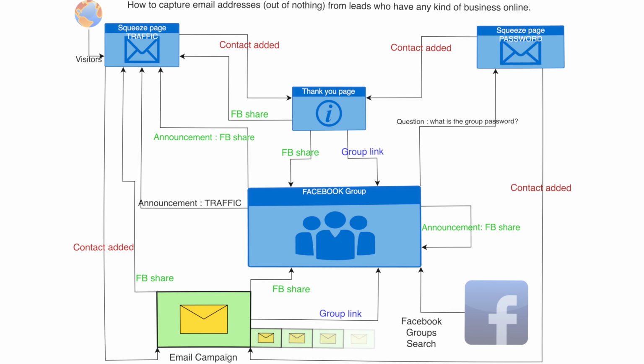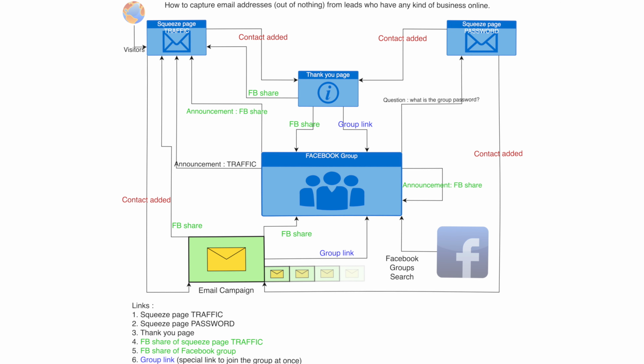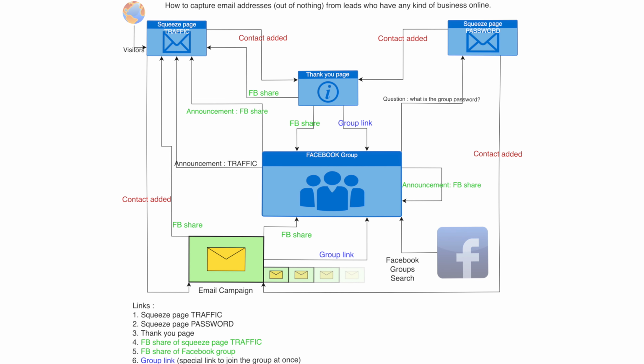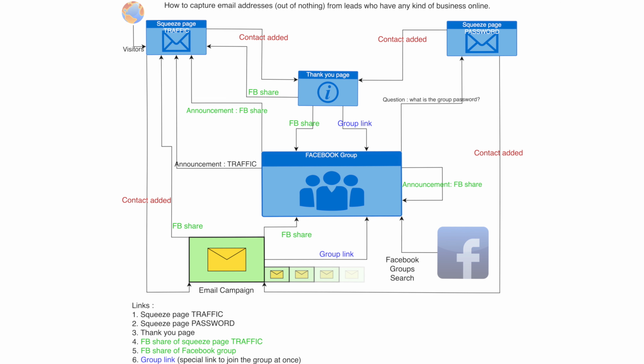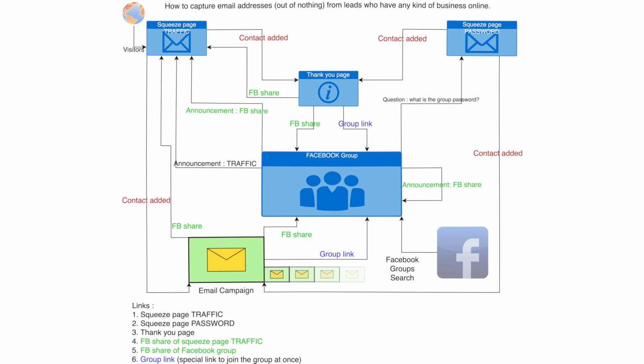So why not start now? You know the links, you can see them at the bottom, are six links. If you are ready, you can now take a paper and a note and let's talk about the elements.